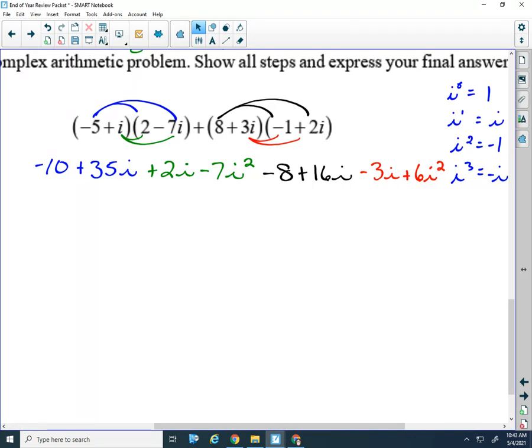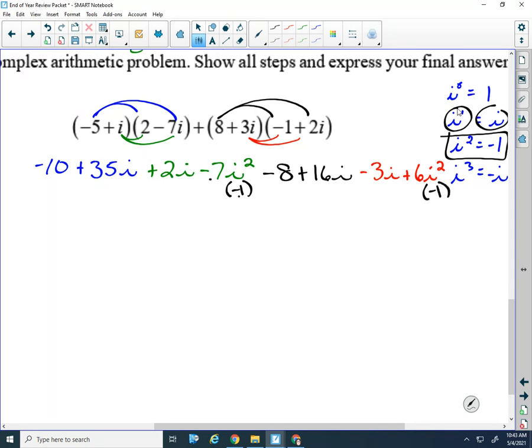So what I did was I did double distribution for each group of polynomials. And you can see I tried to color code it. So now I'm going to go through and simplify i's where I can. That doesn't change. What I'm going to focus on right now is i squared. So this becomes a negative 1. So instead of negative 7 times negative 1, that would become plus 7.